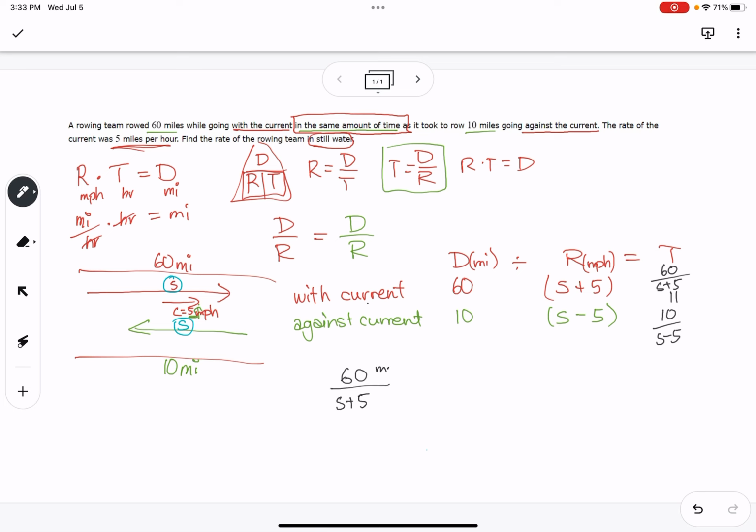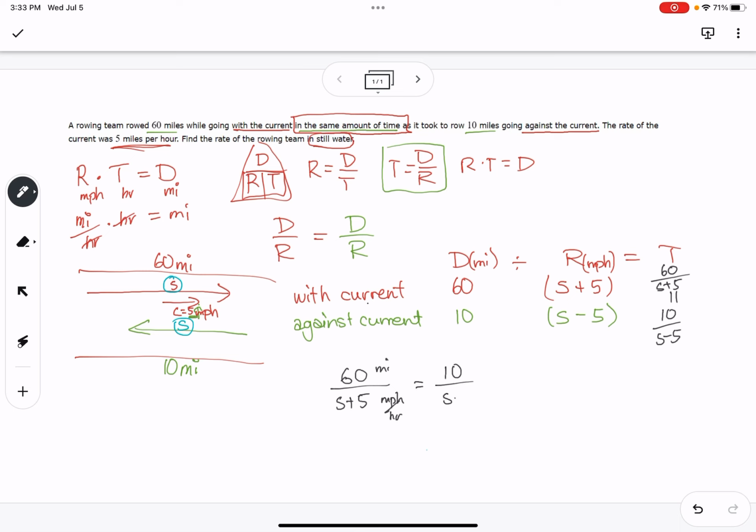And so we can treat this situation as 60 over s plus 5. That's miles over miles per hour, which is going to give me the time, because the miles per hour and the hour is going to come up. You can write this in different ways.